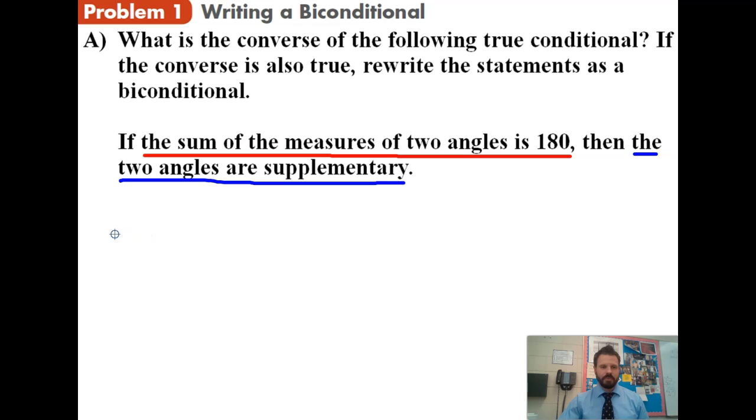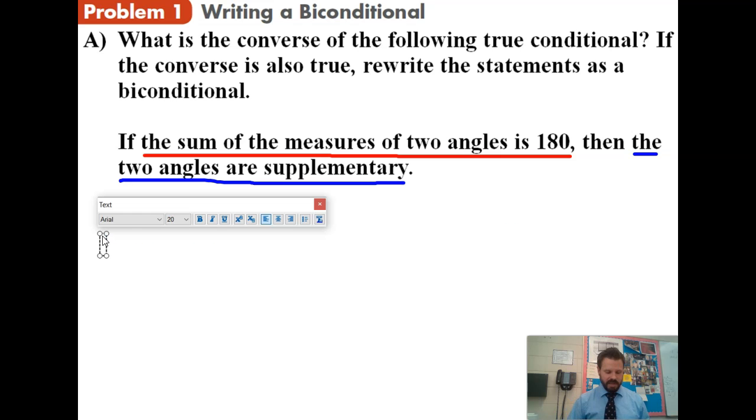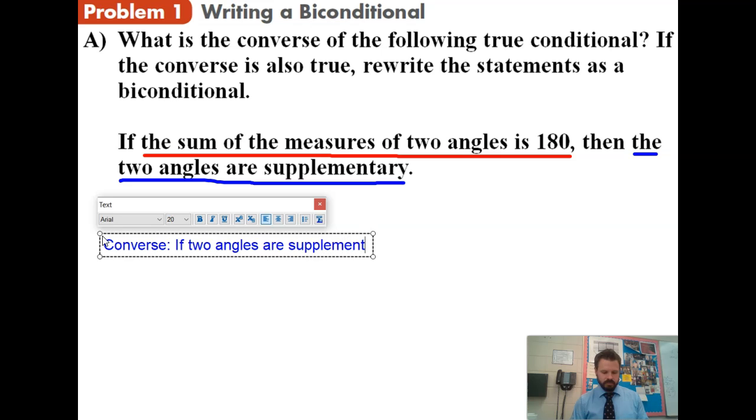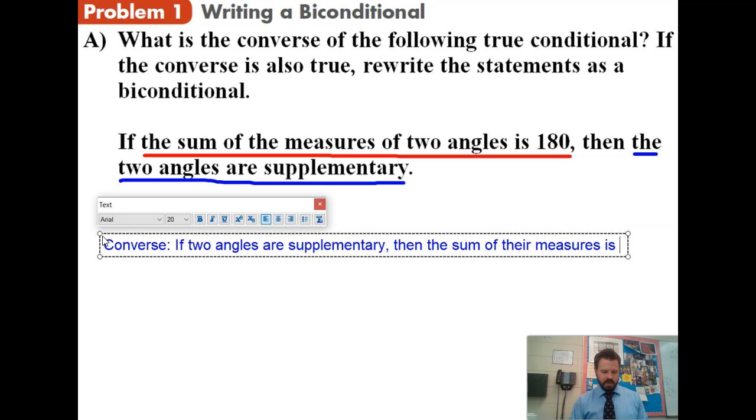If we flip-flop those for the converse, we'd say: if two angles are supplementary, then the sum of their measures is 180.